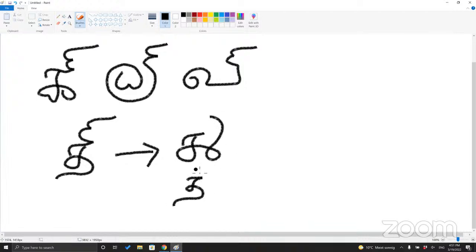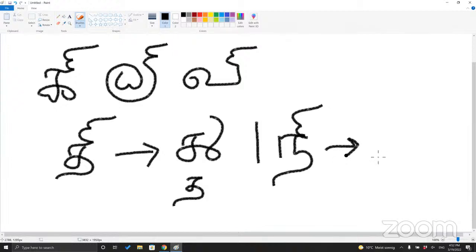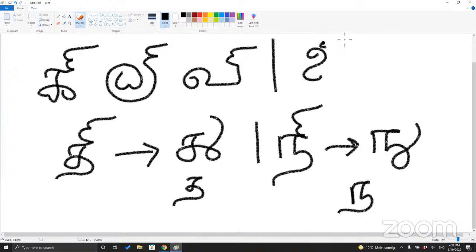Same way, you don't write it like this, you write it like this. Same way, you don't write it like this, but rather like this.